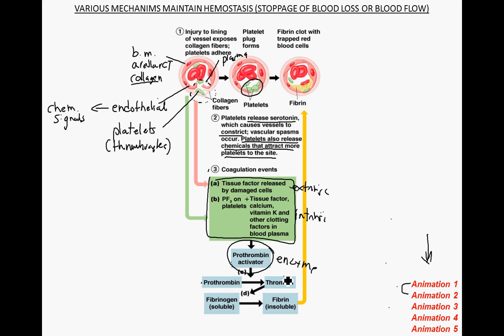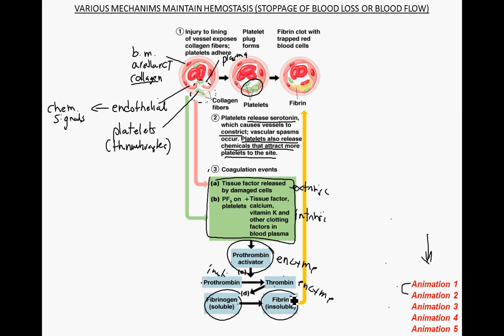Right? So prothrombin is an inactive enzyme. Thrombin is another enzyme that is now active. And this thrombin enzyme will turn fibrinogen, which is soluble, into fibrin. So this thrombin, again, turns fibrinogen into fibrin, which is insoluble.